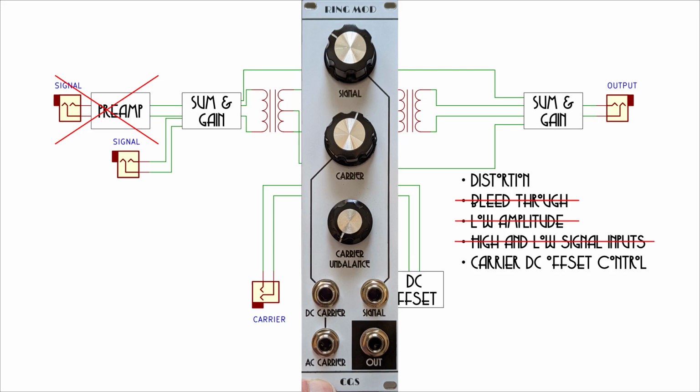And germanium diodes tend to be what people traditionally use for ring modulators, partly because that was basically what was around in the early days, and partly because germanium diodes do have low forward voltages compared to regular junction silicon diodes. But on the other hand, Schottky diodes have generally even lower forward voltage than most germanium diodes, so Schottky would probably be a good choice for this too. But I decided to go old school and use germanium diodes.